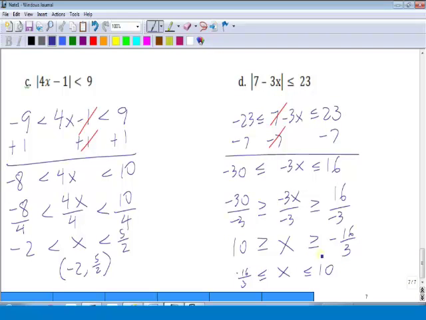The statement x is greater than or equal to -16/3 is equivalent to the statement -16/3 is less than or equal to x, and 10 is greater than or equal to x is equivalent to x is less than or equal to 10. So it's the same interval, just written a little differently, so that when we translate it to interval notation, the -16/3 goes on the left and the 10 goes on the right.